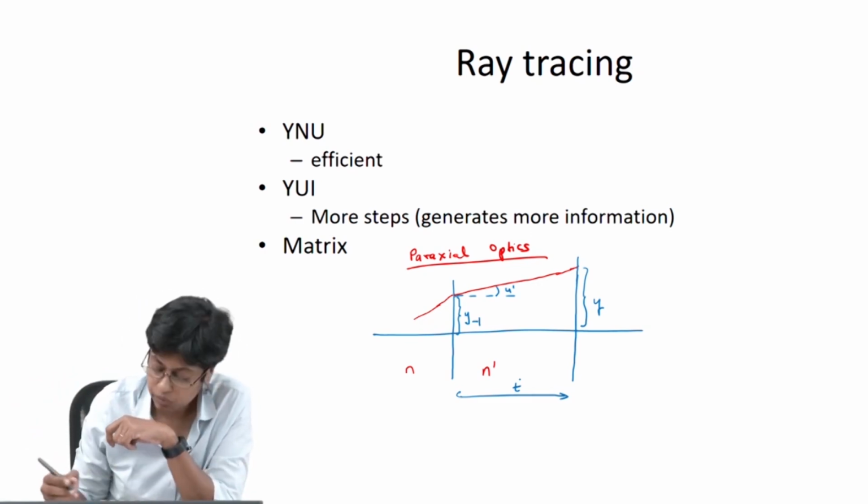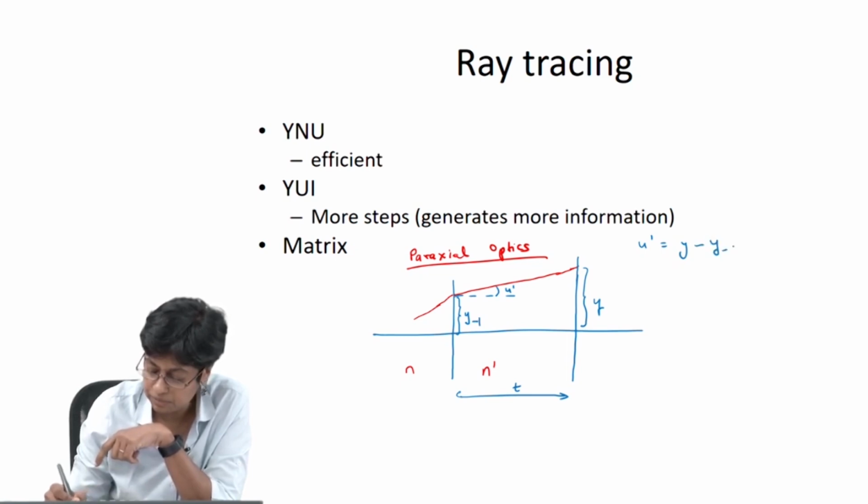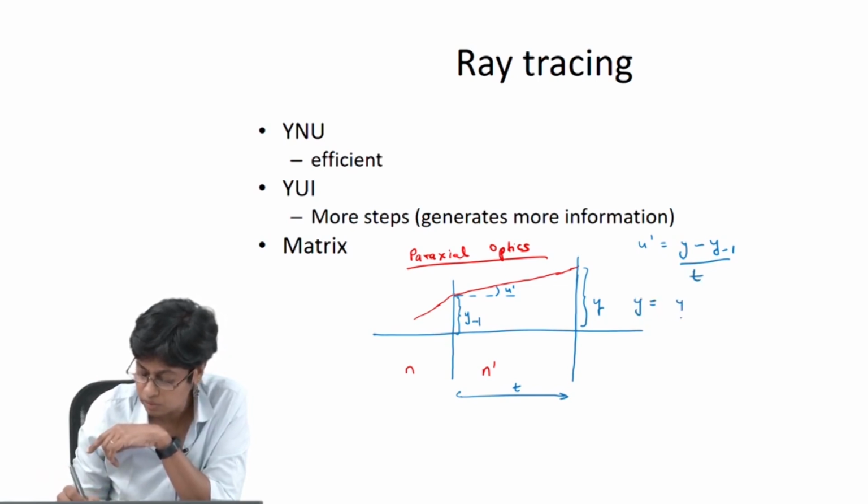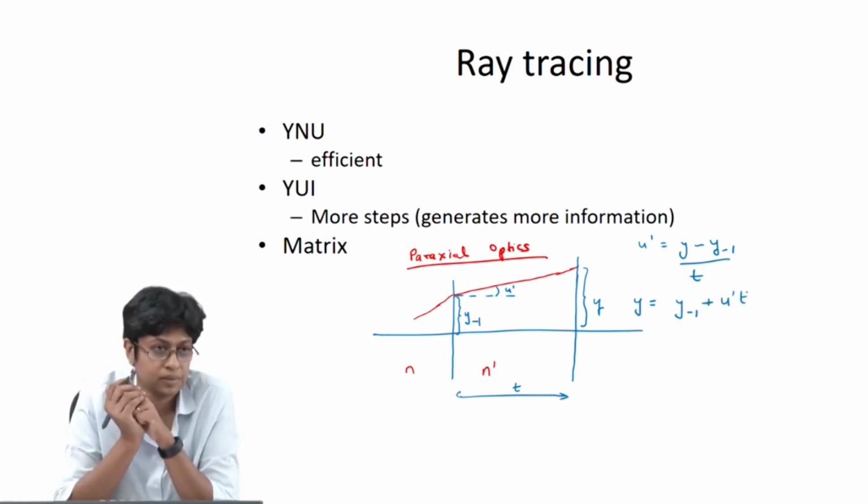So I am going to write this in terms of this angle, which is nothing but this height y minus the previous height divided by the thickness, or if I am writing it in terms of the new height, that's going to be nothing but the previous height plus this.